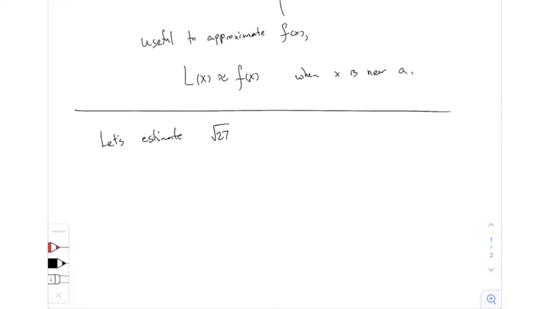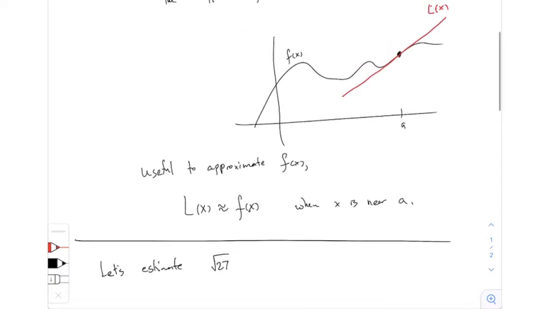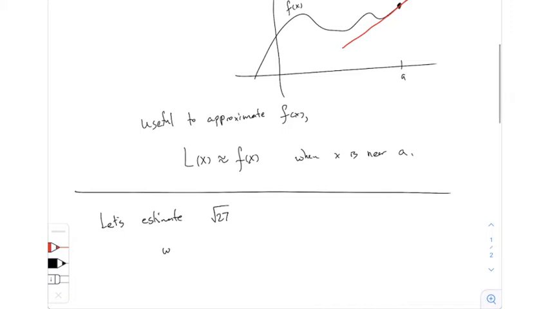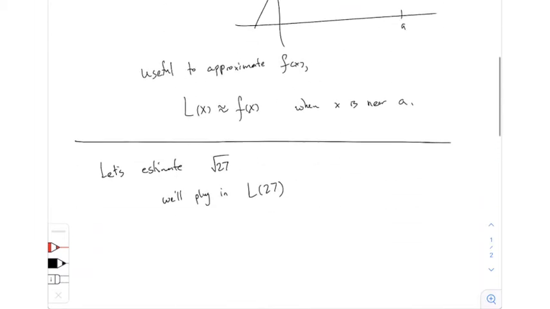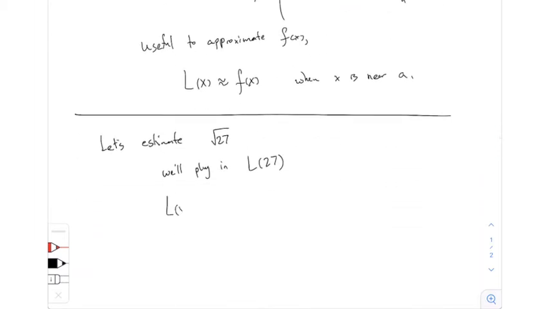So what we're going to do eventually is plug in L of 27. We're going to use this formula up here. I'll just write it again. This formula you'll need to have memorized eventually. It's not that complicated: f of a plus f prime of a times x minus a.